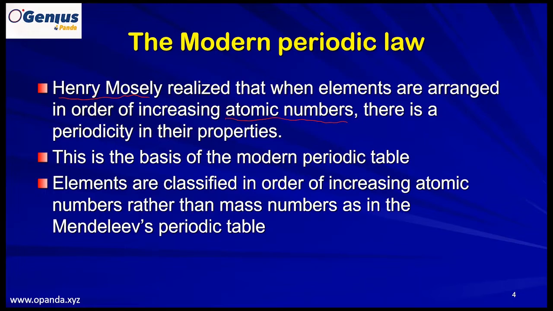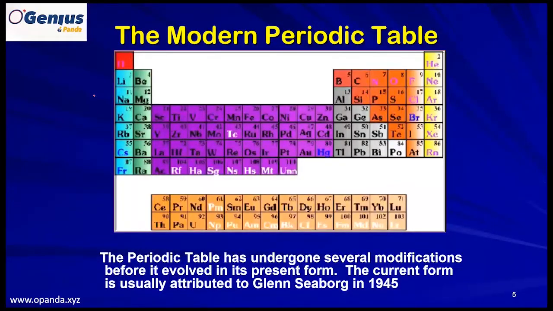So according to the original law, elements were classified according to increasing mass numbers. But the modern periodic law says that elements should be classified according to increasing atomic numbers. Here we have a sample of a modern periodic table. We have different parts, we have the elements, and it is very important to note that the periodic table we have today is not the one that was in use many years ago.